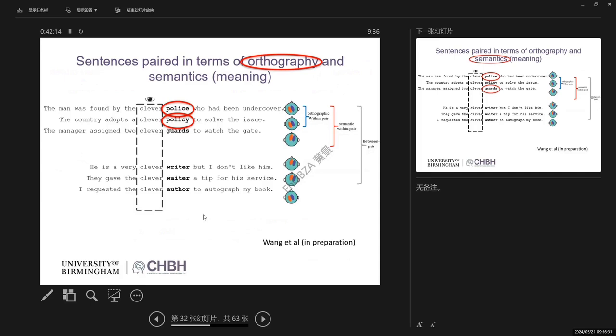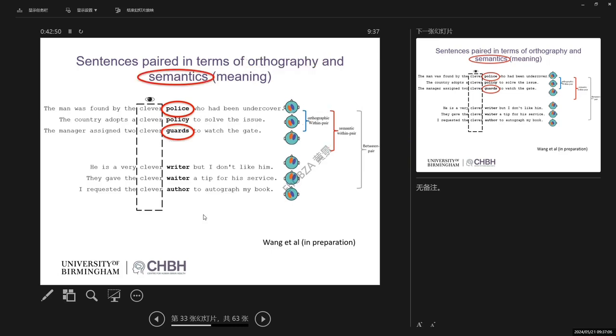So what we now can do is to consider the brain activity associated with the similarity for these word pairs. So the idea is that by simply looking at the sensor activity and correlating that, we can ask if the sensor activity is more similar for policy and police versus policy and writer, which looks very different, right?